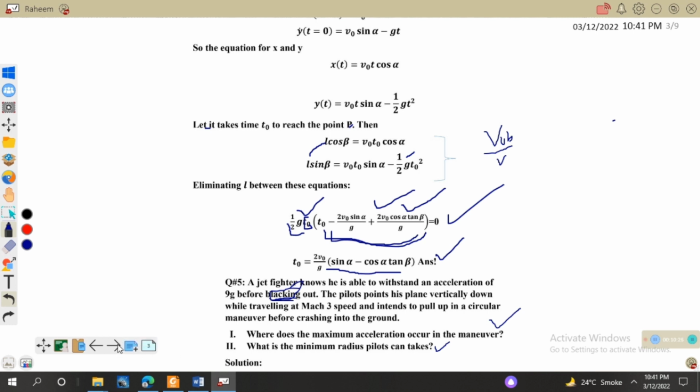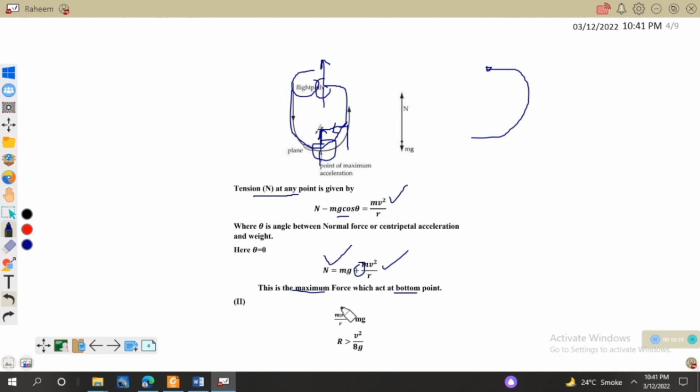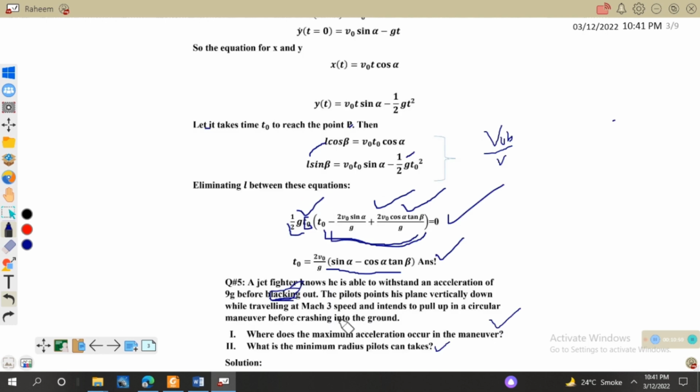If we recall the equation mv square over r is equal to mg, we balance these two because there are two forces acting while he is negotiating the circular path. The first is the centripetal force, and the second is the weight. If we read the condition again, he is able to withstand an acceleration of 9g before blacking out.